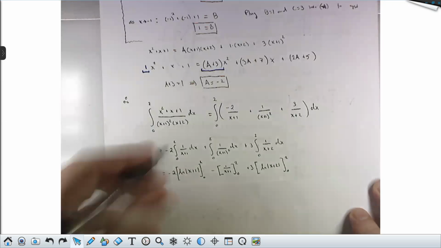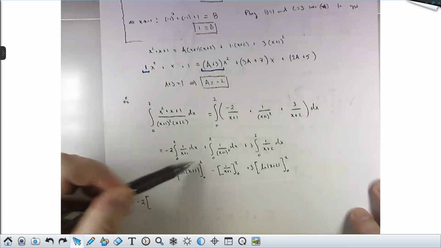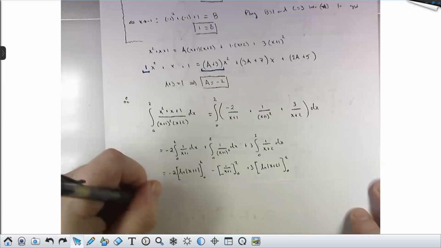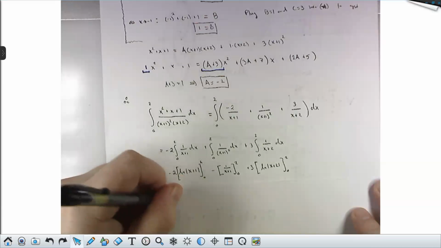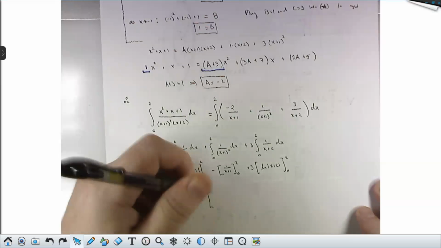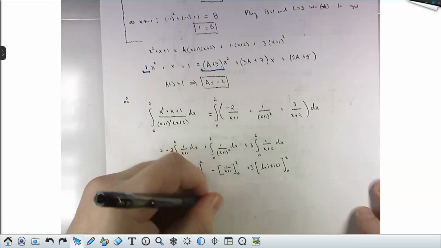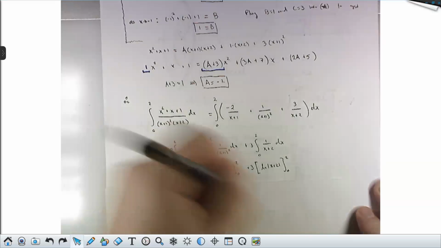So at the upper bound here, give myself some space, I have negative 2 times, at the upper bound, the natural log of 2 plus 1, which is the natural log of 3. Minus, at 0, we have the natural log of 1. Minus this thing, at 2 we have 1/3, and then at 0 we have 1.